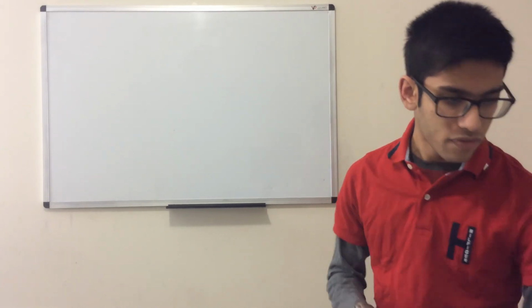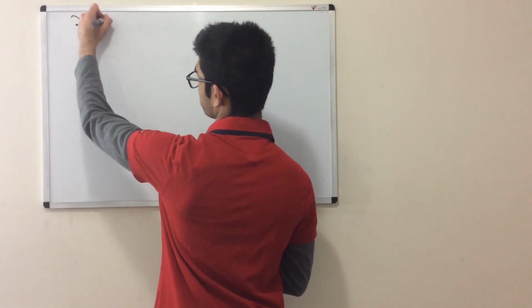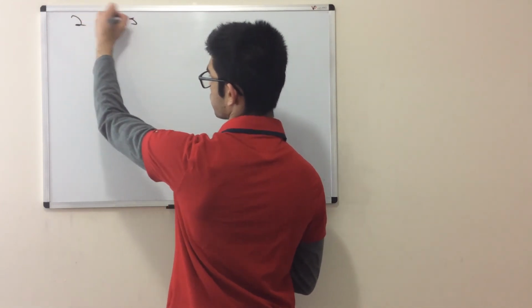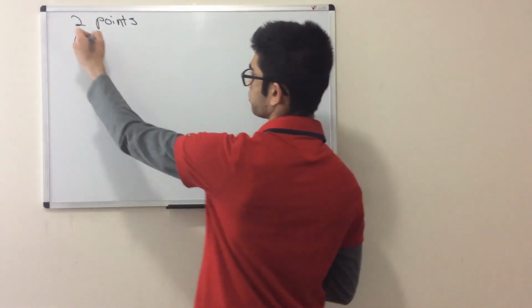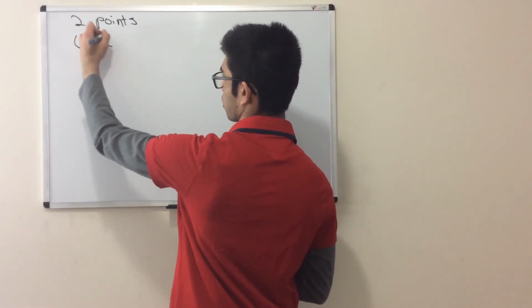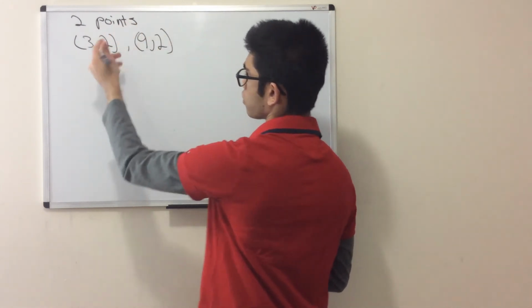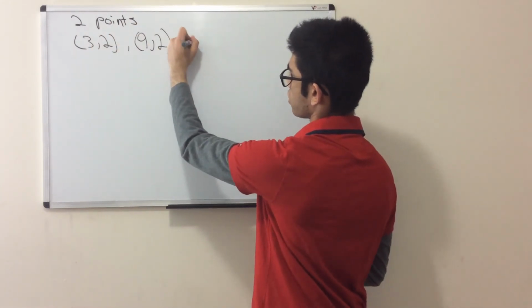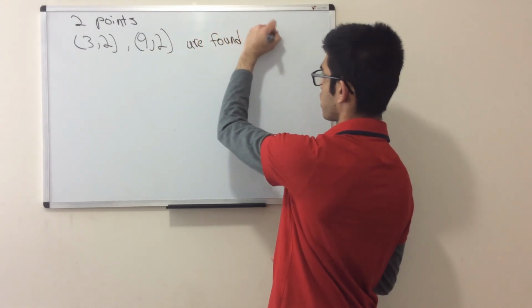So what if they gave us 2 points? The 2 points I'm going to talk about here are (3, 2) and (9, 2). These 2 points are found on 2 sides of a parabola.